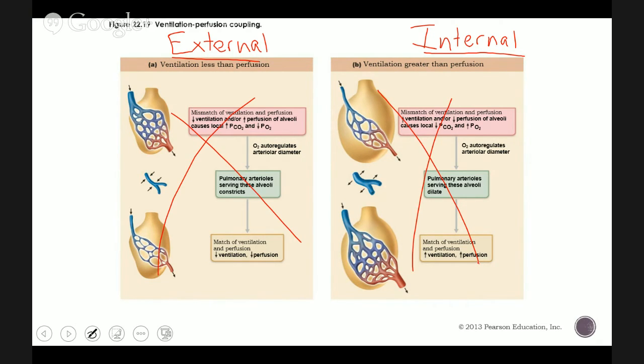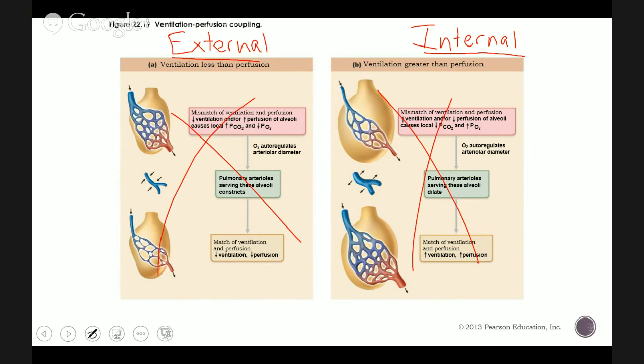Okay, external respiration is the exchange of gases within the lungs. Picking up more oxygen, dumping off the carbon dioxide.